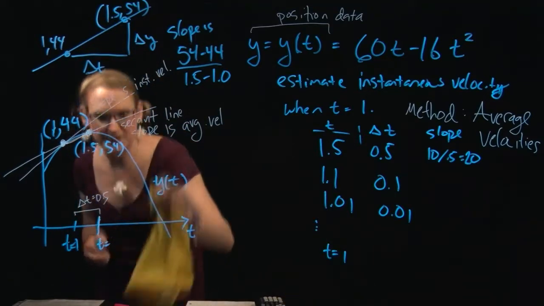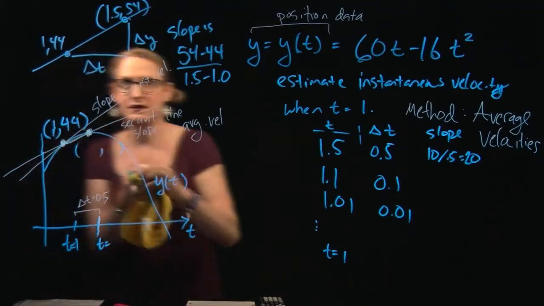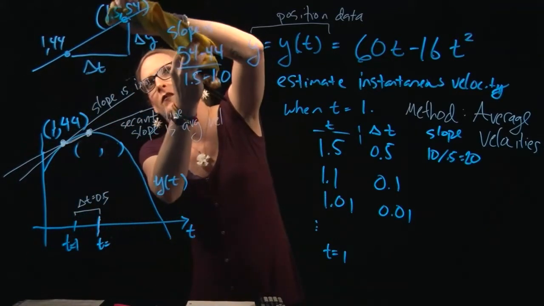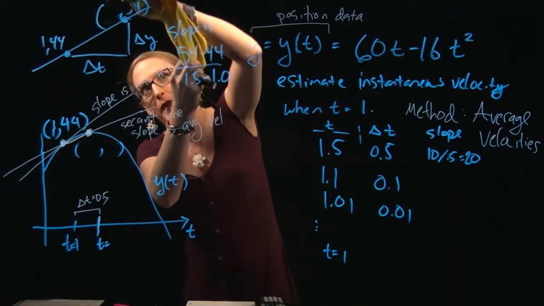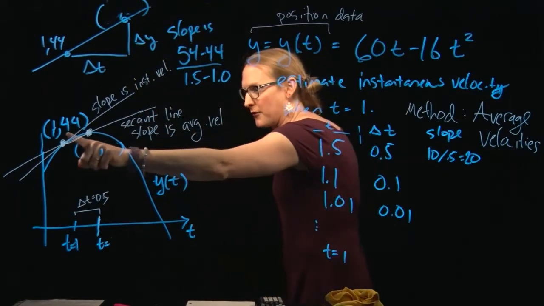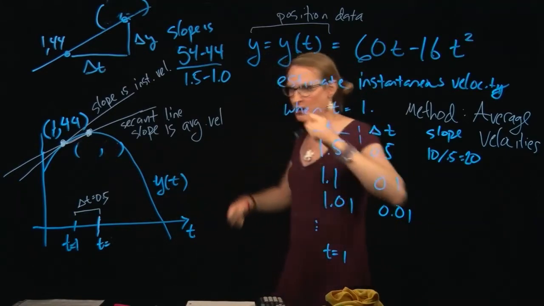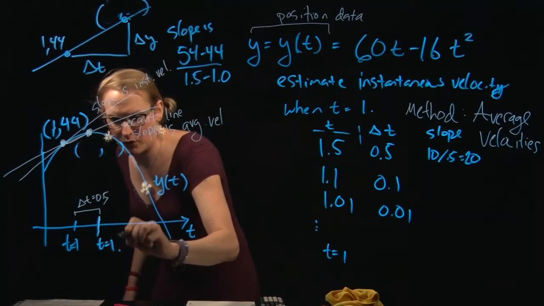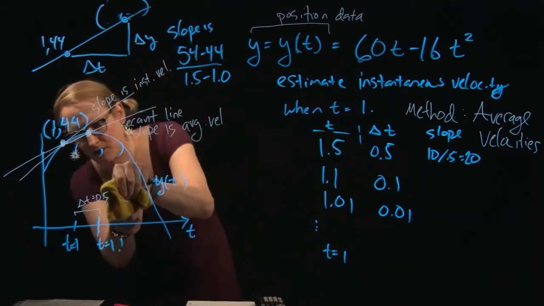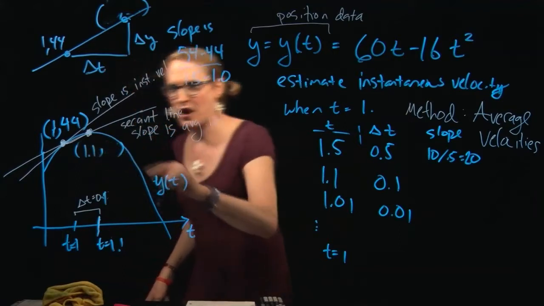So let me erase the relevant parts in this thing. So that base point, that 1, 44, it's not changing. That one's fixed for this computation. So we'll take the 1.1. That value is now 0.1. 1.1, comma.